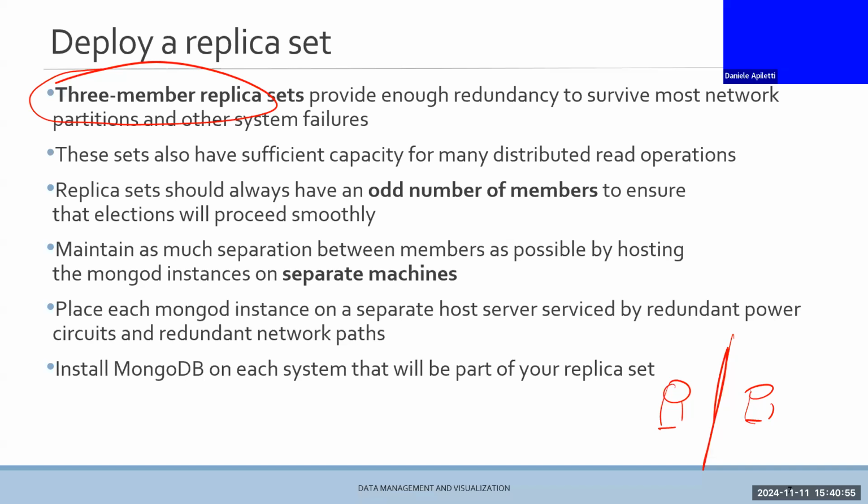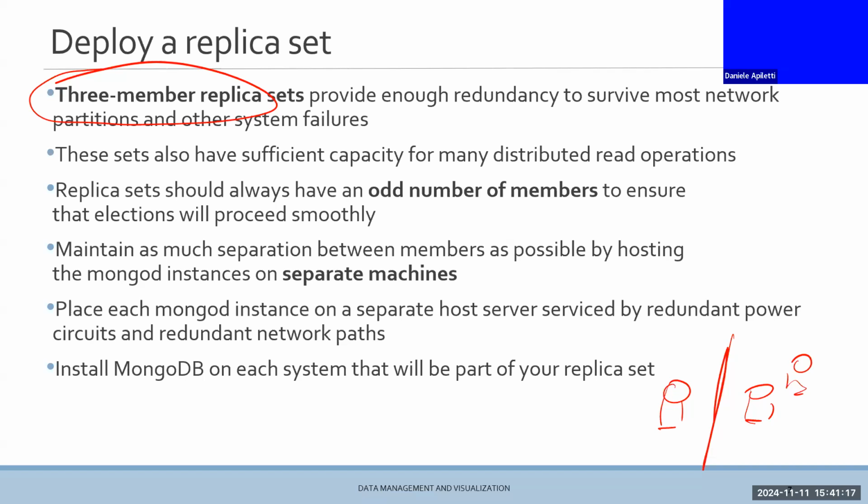A 3-member is different, because if you have 3 members, at least 2 of them can talk to each other. So they say, we are the ones who are alive, it's the other who has been disconnected. So we can elect a new primary and keep working. That's the idea, so 3 members is the best.